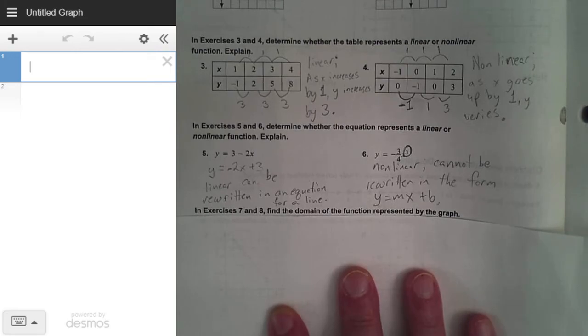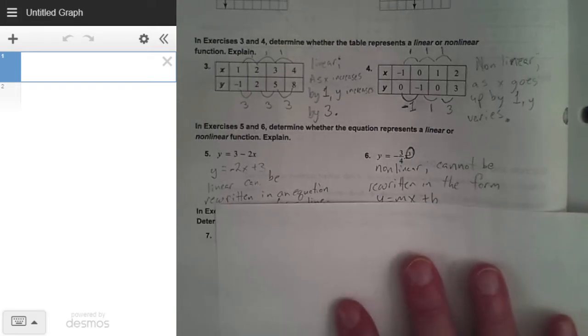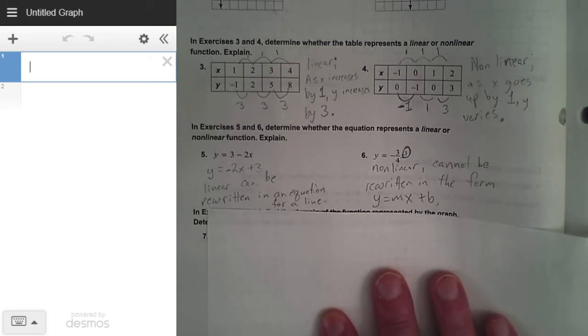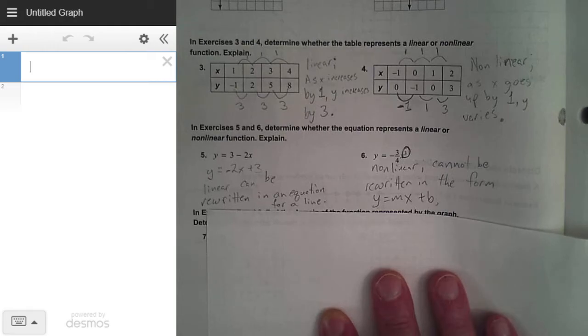Our negative 2 is the slope. Our 3 is our y-intercept. You may remember some of those things. But the key is our y is to the first power and our x is to the first power, because when they're not, that means it's not a line. So let's look at number 6. We're looking at y is equal to negative 3/4 x to the third power. What breaks this, so that we know it's not a line, is the power of 3.